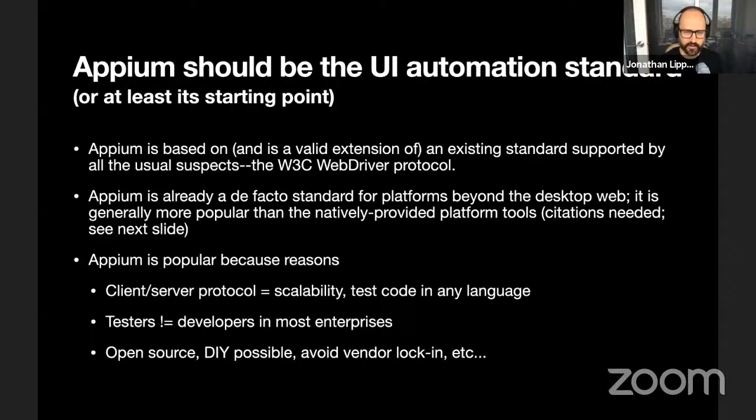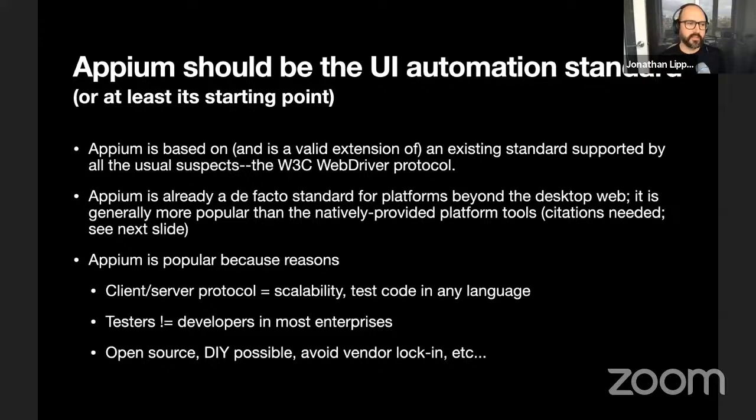And we have done a fair amount of work to extend it such that it is now quite a broader protocol. And some of the extensions, I think, are a bit chaotic and could stand to be tightened up. And that's one of the benefits of actually engaging in a standards process around it. All that to say, the core of Appium is already an existing standard.